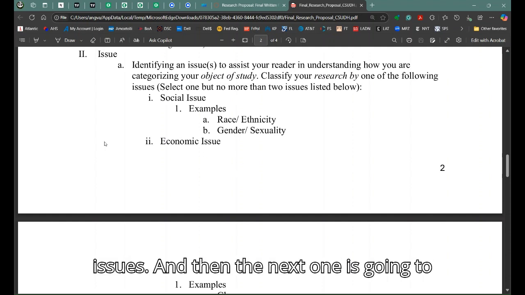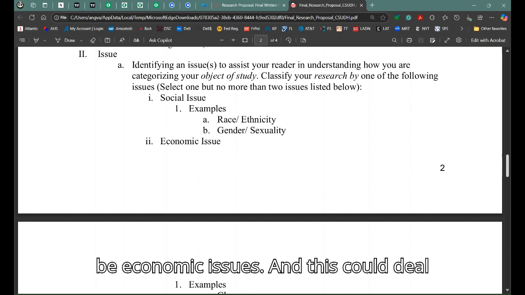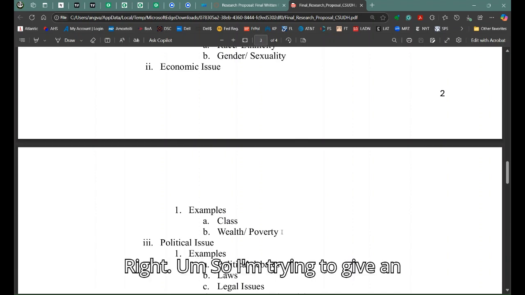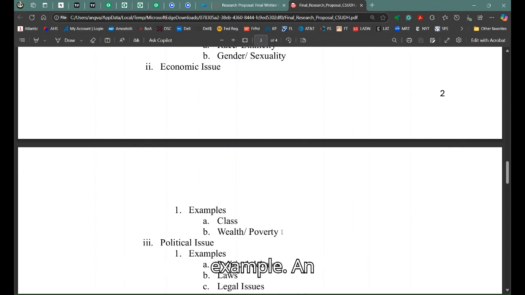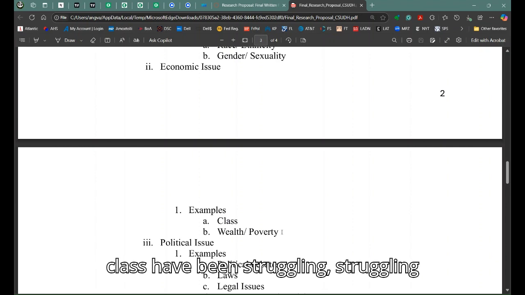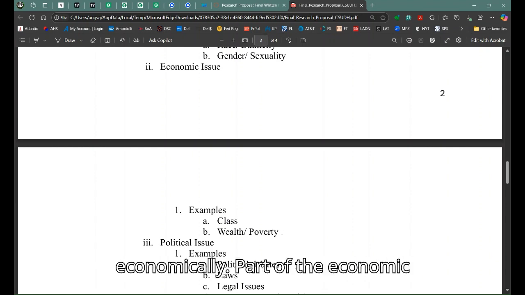The next one is economic issues, and this could deal with issues like class, wealth, wealth distribution, and poverty. An example of class could be how the working class and even the middle class have been struggling economically.